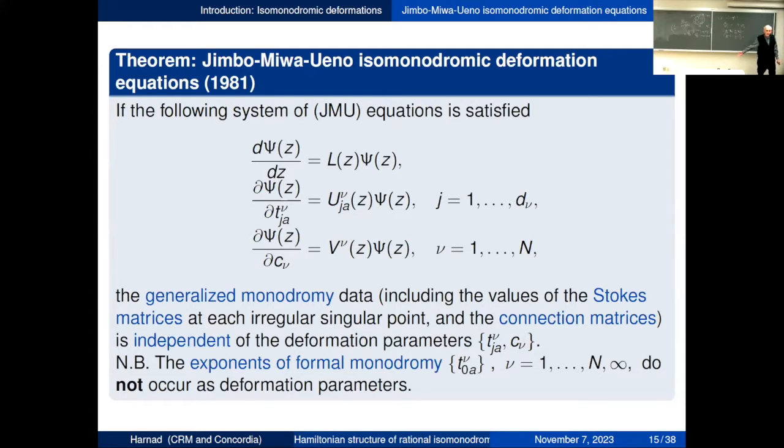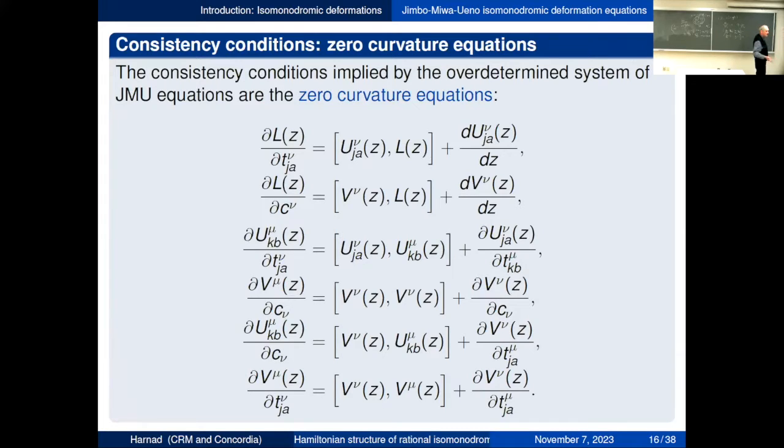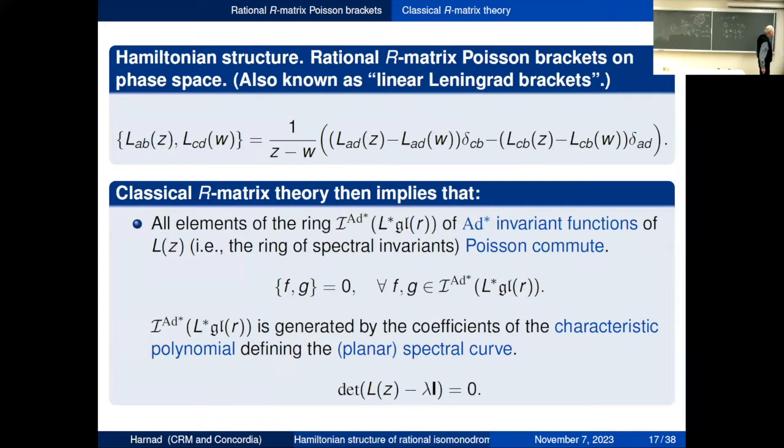That's isomonodromic deformation. And here, this is written out in detail with zero curvature conditions in all possible directions, so we easily have a connection. The dimension is given by how many deformation parameters there are.